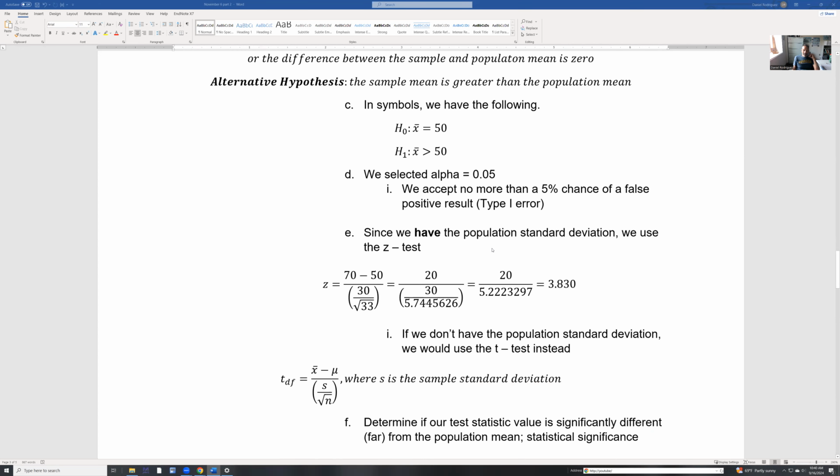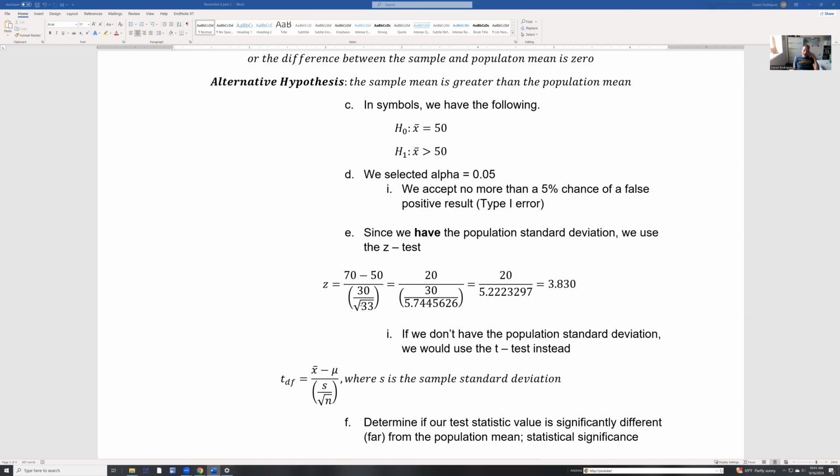So we have the population standard deviation, so we can use our z equation and conduct a z-test. We have sample mean 70 minus population mean, divided by the population standard deviation, which was 30. This denominator is a quotient where we have 30 divided by the square root of the sample size. So because the sample size is in the denominator, the larger the sample size, the smaller this quotient.